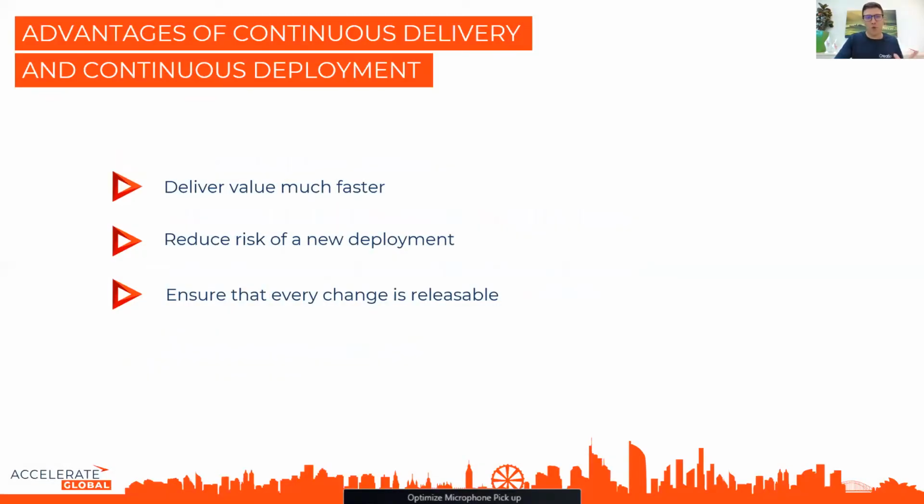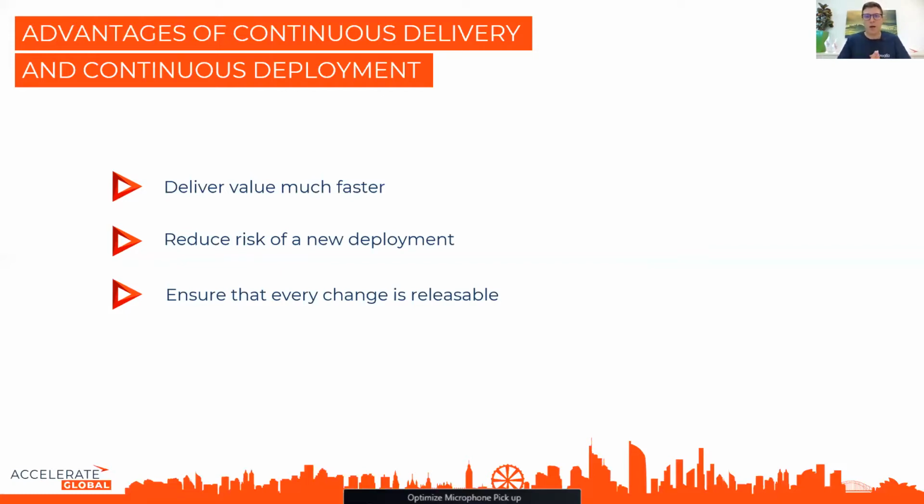And let's have a look at the advantages of continuous delivery and continuous deployment. It helps to deliver more value, get feedback from customers faster, and make another iteration. Also, you can make sure that everything you do is actually releasable, or at least make sure that features you do not intend to promote to production are not accessible, for instance, by utilizing feature toggles.